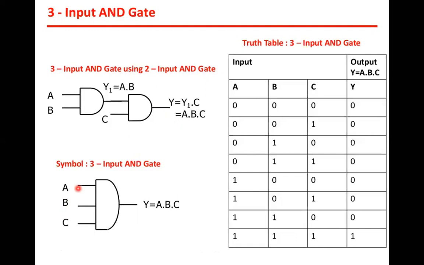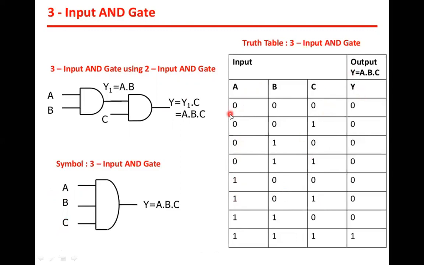Binary numbers are how many? 2, 0 and 1. So inputs are 3, so it means 2 to the power of n, I have told you. So 2 to the power of 3 is 8. So see here, 1, 2, 3, 4, 5, 6, 7, 8. So 8 possible combinations are there for the input.